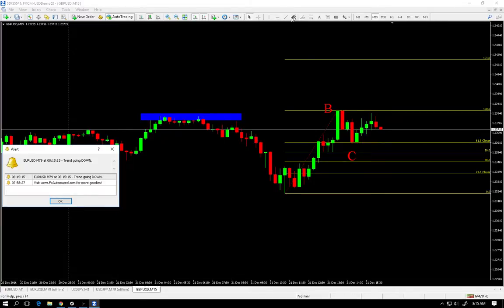Well, what if price closes more than a 50% retracement, let's say it comes down to this 23.6? Yes, it may move up, but general Forex thoughts are that if it does this, it's no longer moving up. It's going to move back down to the 100 at least, because we went more than this one up, and it dropped more than 50% of the move up. So it's kind of like looking at it that it's going to move back down.